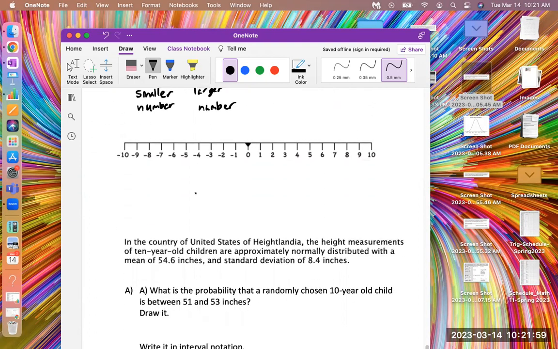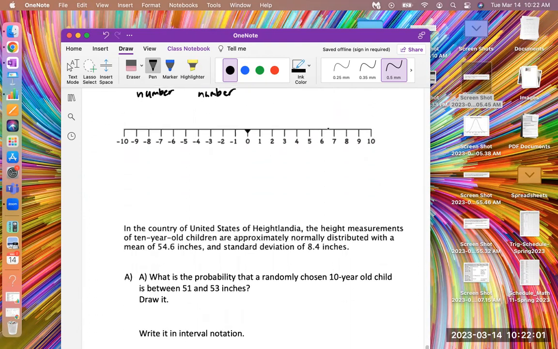Okay, let's do one more. If they're talking about all numbers greater than 8, right? Let's write that, and it's a math sentence. Oh my gosh, this is hard because we're having to go from an English sentence to a mathematical sentence to interval notation to drawing it, and we have to understand all of them at the same time.